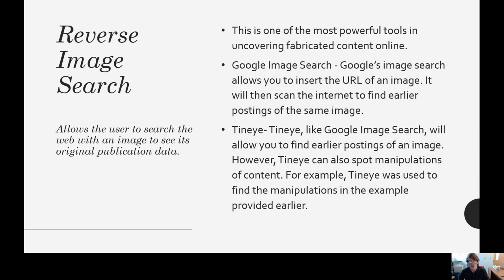It will scan the internet and find earlier postings of the same image. It's important to know that Google Image Search is a little bit easier to use than TinEye, but it will only find the exact same image. It will not find manipulations. Whereas TinEye will allow you to find earlier postings of an image and can spot manipulations of content. That's what I use to find the manipulations to the false Ukrainian image from earlier in the slideshow.